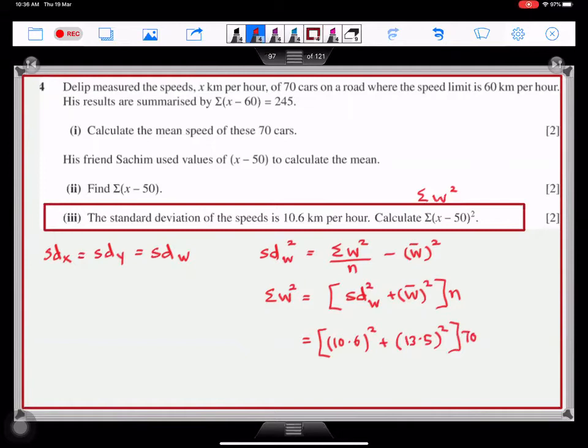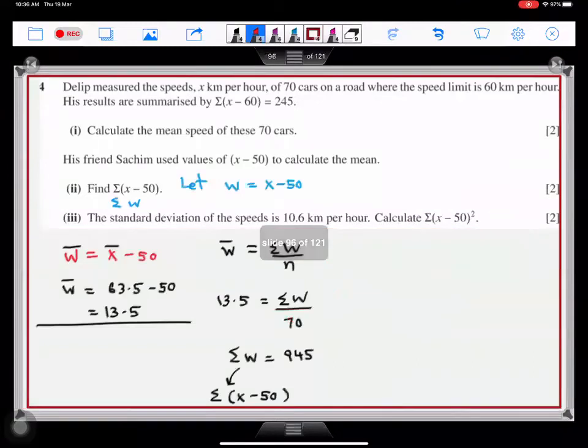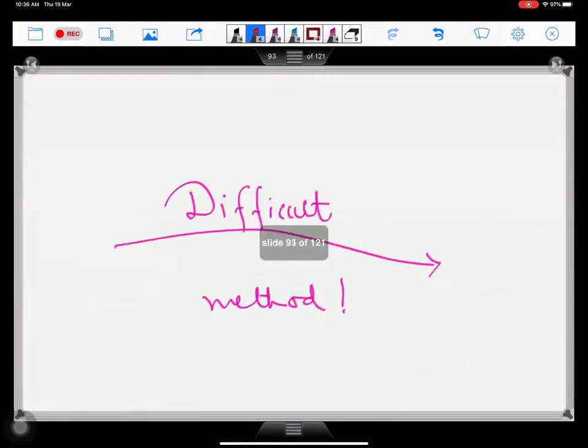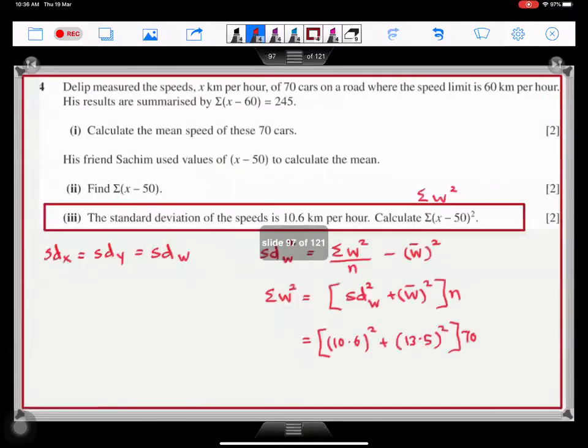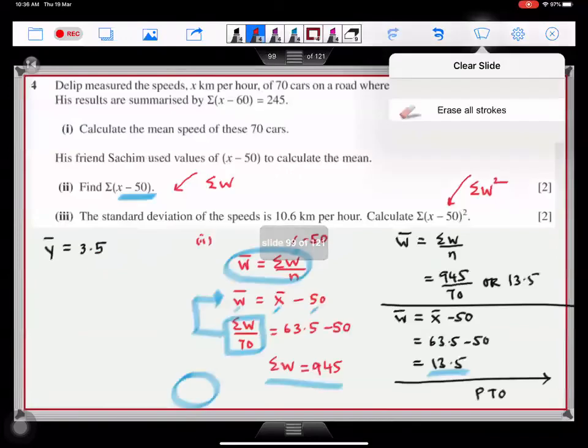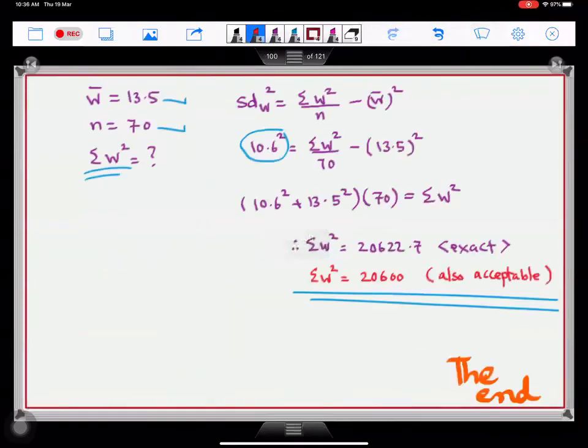So if you do step by step, if you relate it with the original basic questions, then things become easy. So first we did the question for Asme, and then the second question was for Dilip. Okay, I need to erase it.